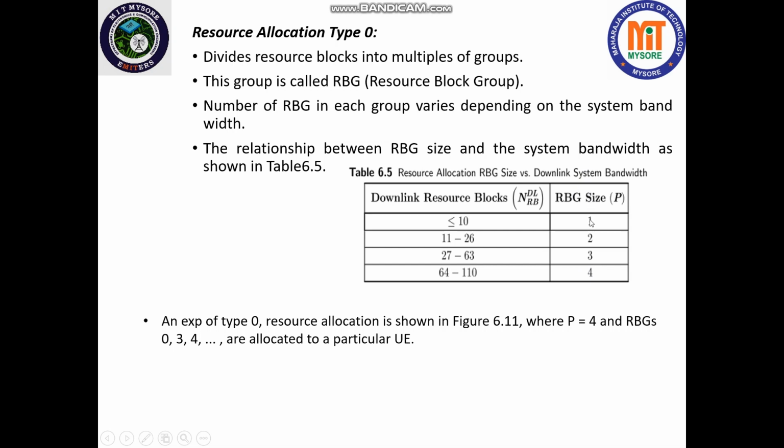This is 1 resource block in one group. Likewise it goes. This is for the highest bandwidth. 110 resource blocks is for a bandwidth of 20 megahertz. Less than 10, that is, there will be around 6 resource blocks in a 1.4 megahertz bandwidth channel. Depending on that, the resource block groups are made over here.